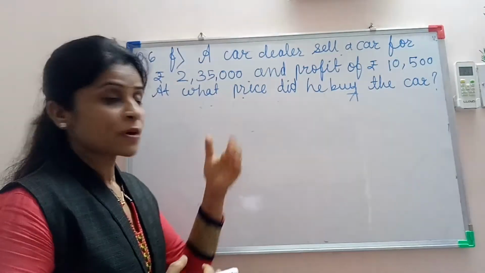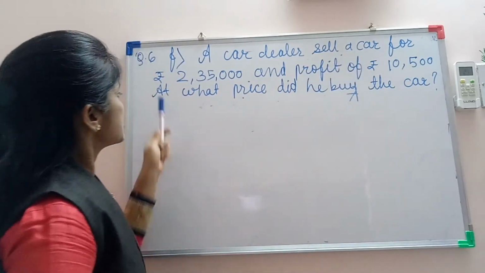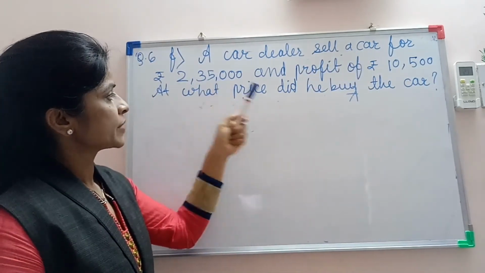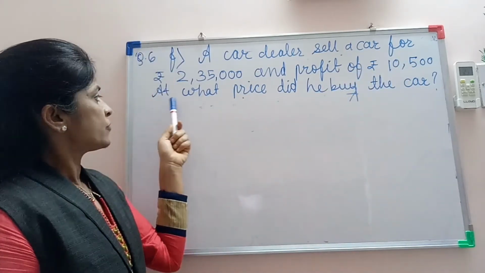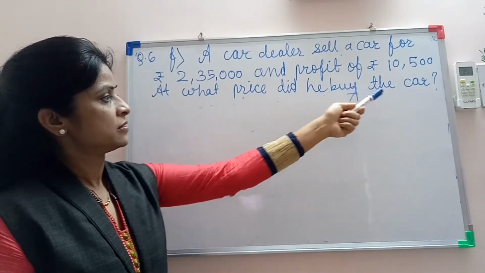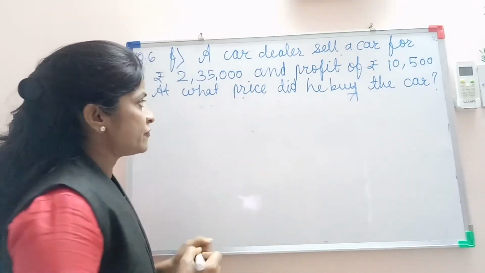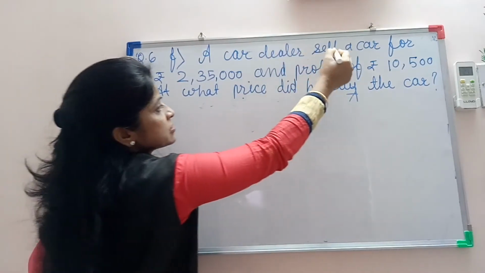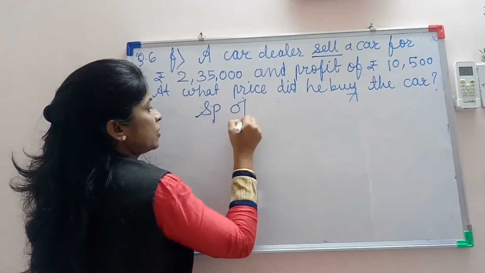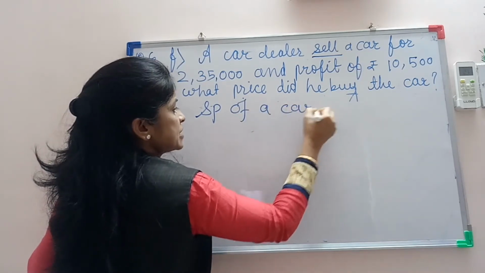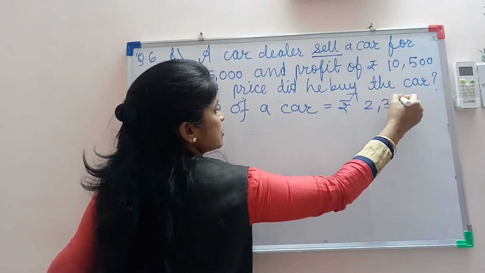Now see here word problem. A car dealer sells a car for rupees 2,35,000 and profit of rupees 10,500. At what price did he buy the car? Now what is given in the example we will write first. A car dealer sells a car means here selling price of a car is given, that is rupees 2,35,000.